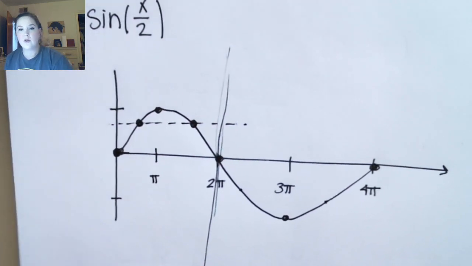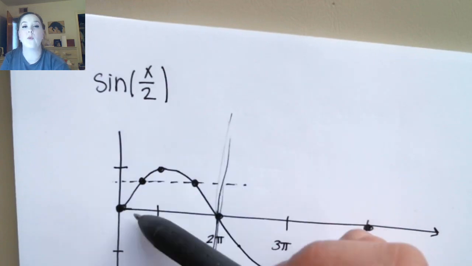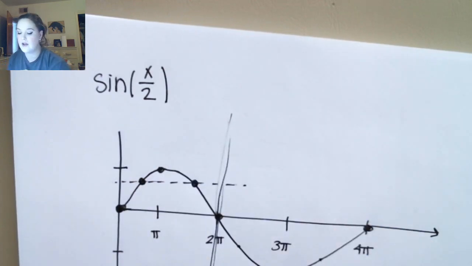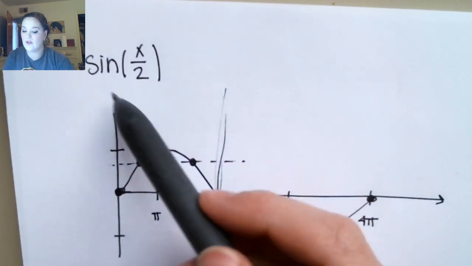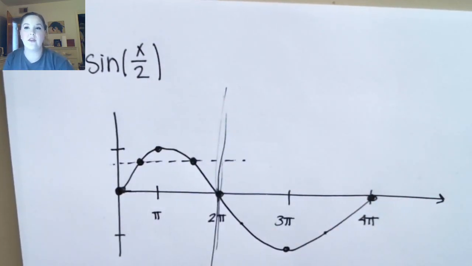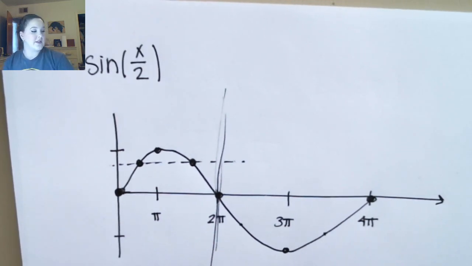So for fractional coefficients like x over 2 or 1/3 x, you just find the traditional solutions, solve for x, and then find which ones are between 0 and 2 pi. I hope that made sense.